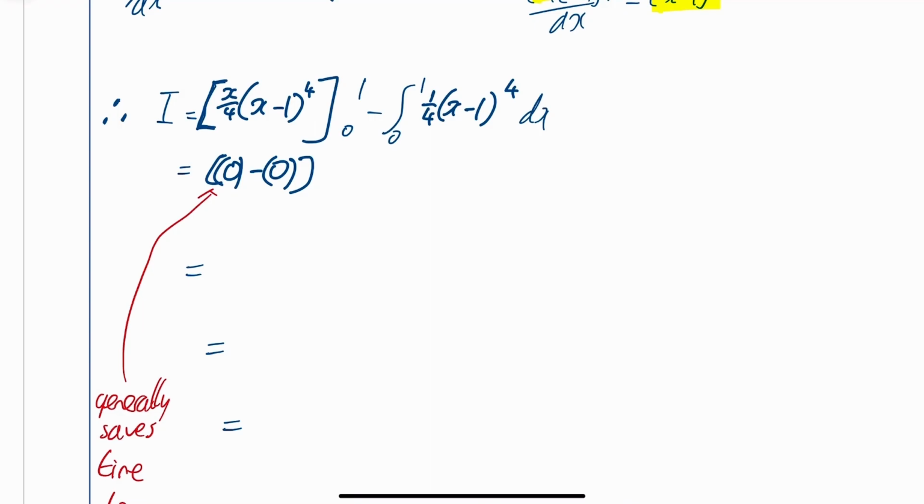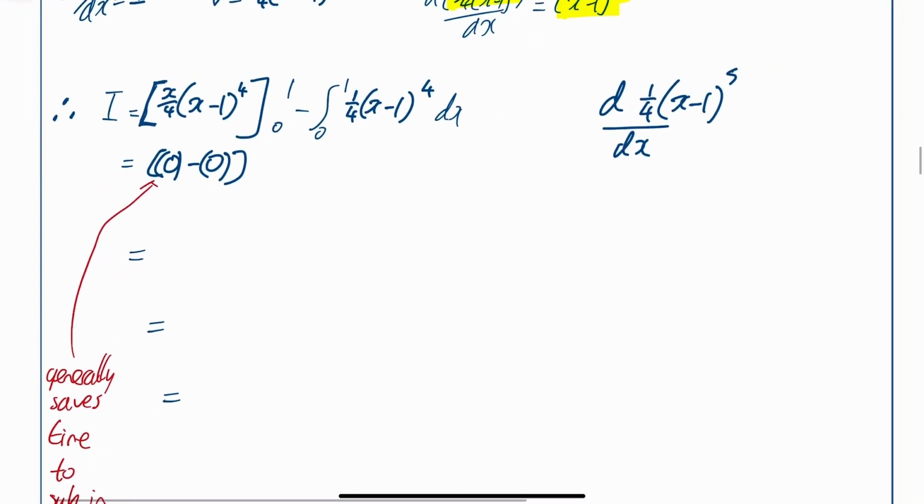Okay, this thing, we want to integrate this, so I'm going to do this by inspection. So I'm going to raise the power by 1 and differentiate to see what I would get. If I did that out, what would I get? I would get 5 over 4 times x minus 1 to the power of 4.